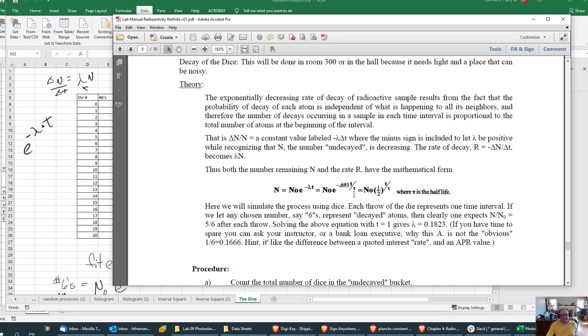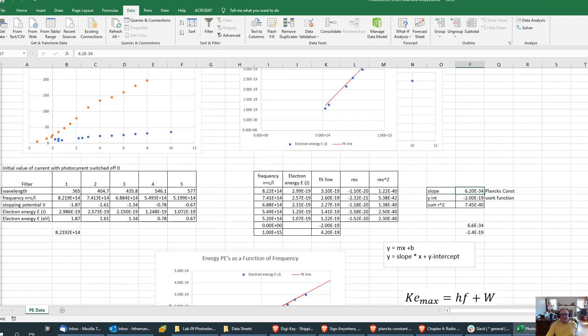So I could take this equation here, and so I can say that minus lambda t is equal to negative 0.693 divided by tau. And the t is in there, so the t's cancel.